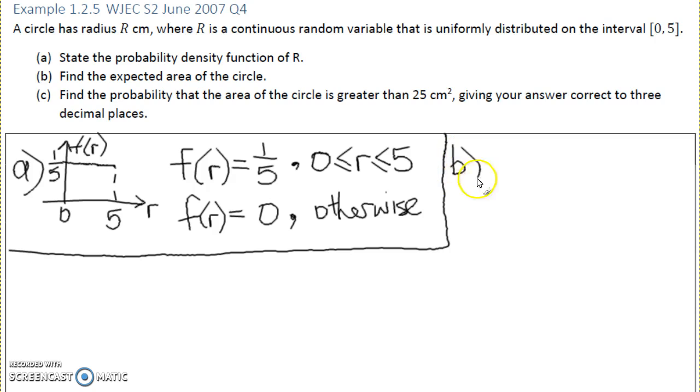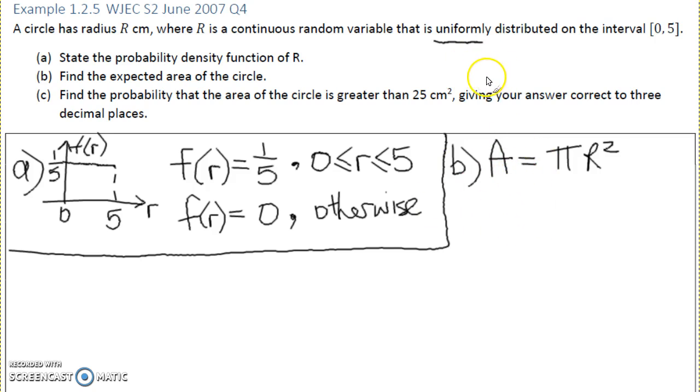Now for part B, find the expected area of the circle. The area of the circle is a function of the radius. So I'm going to use capital A for the area of the circle, and that is obviously pi times the radius squared. If R is a random variable, then A is also going to be a random variable.